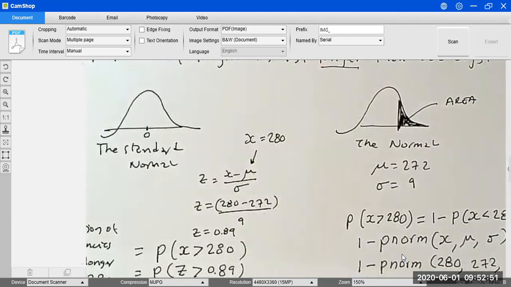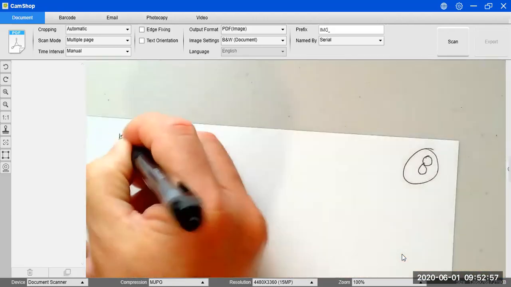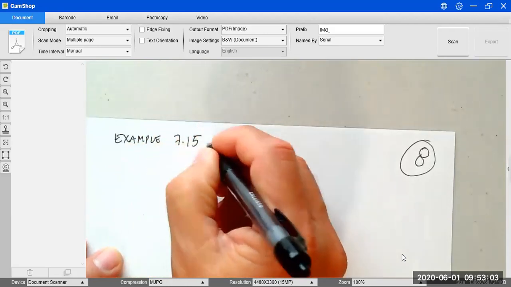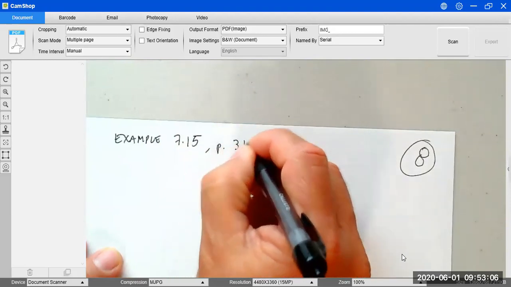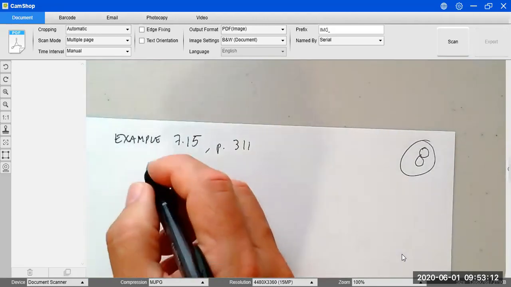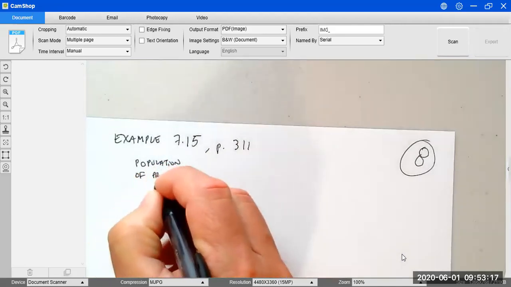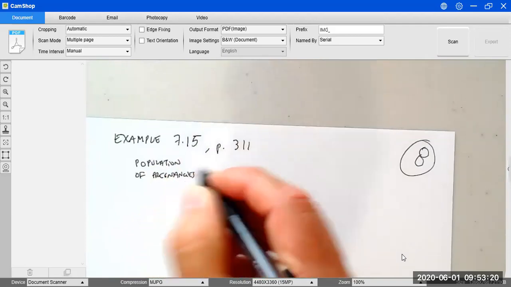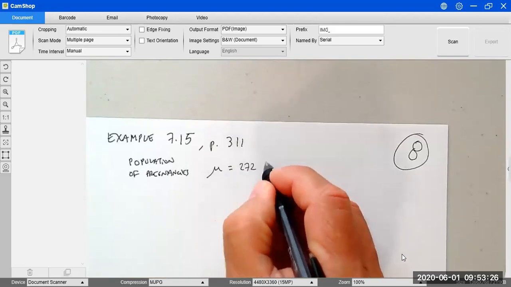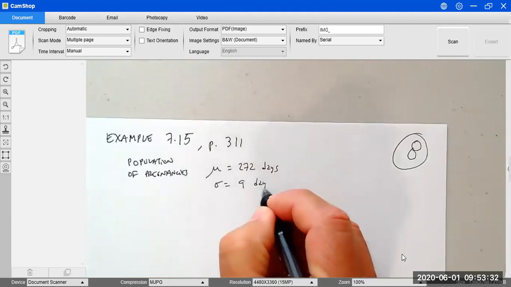So this is going to be example 7.15 on page 311, and we know that the population of pregnancies has a mean equals 272 days, standard deviation 9 days.